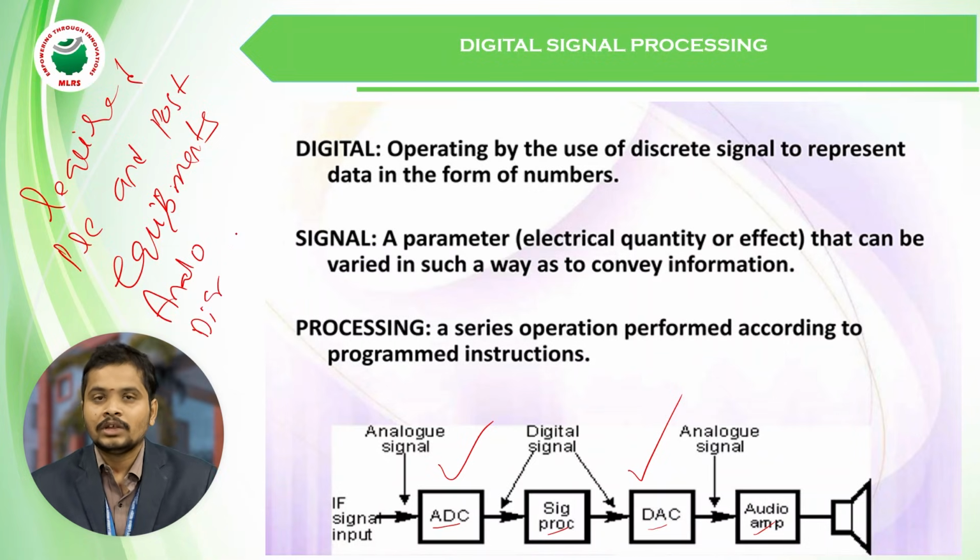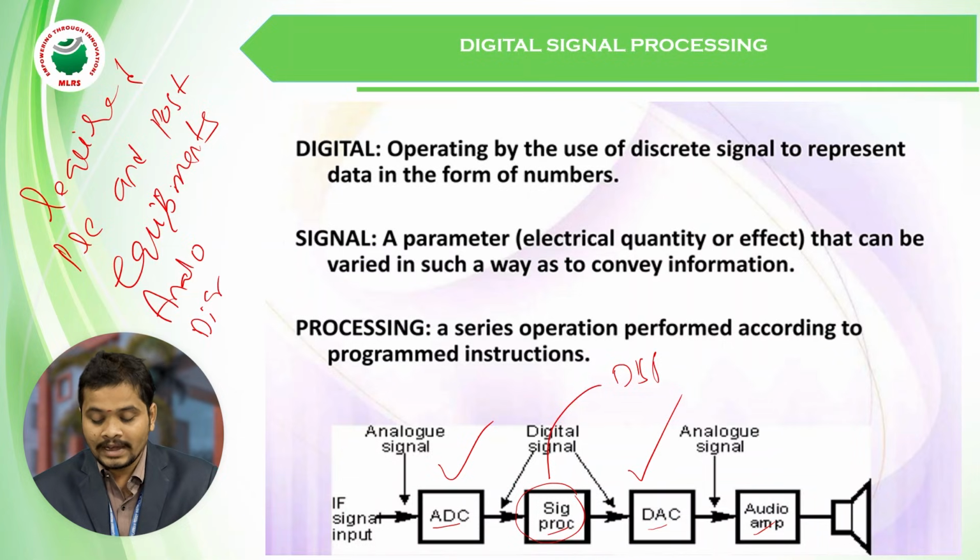Why? Every signal exists in analog form, but you want to process that analog signal with the digital signal processor, DSP. So you have to convert that analog signal to a digital signal. So we need an ADC block, and after that the signal processor gives only digital output.